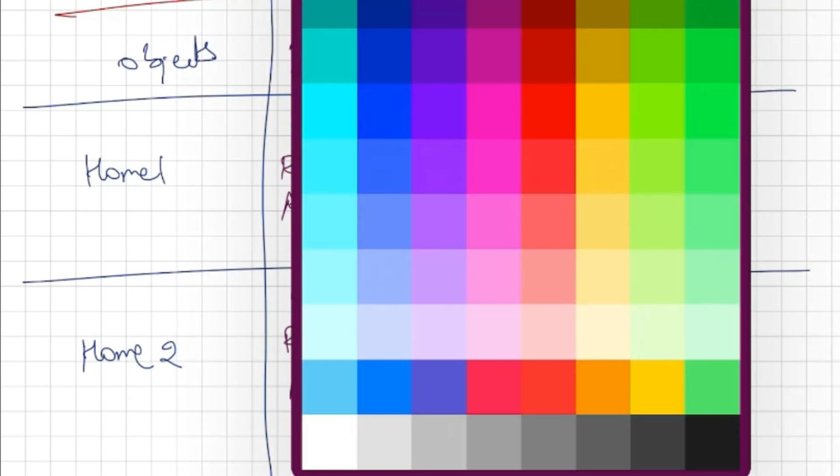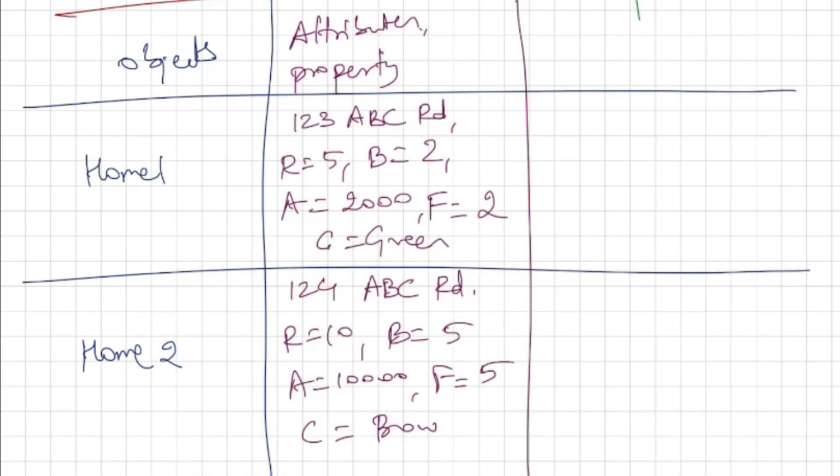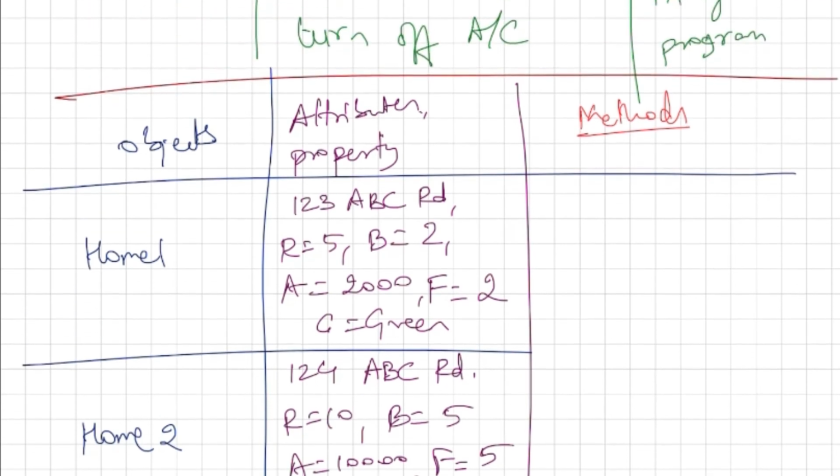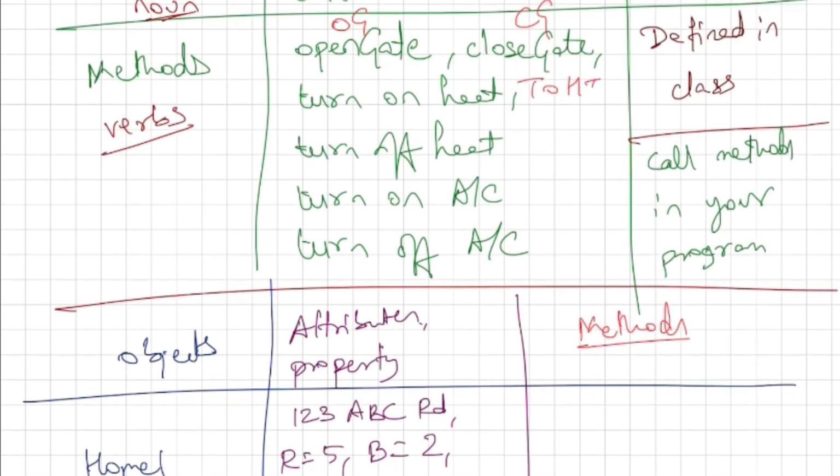Okay, now let's go ahead and see what we can do with the methods. So for methods, this boundary line I will erase because methods are the same. There is no difference in methods. So let's give them short forms. Open gate, close gate, turn on heat, turn off heat, turn on AC, turn off AC.